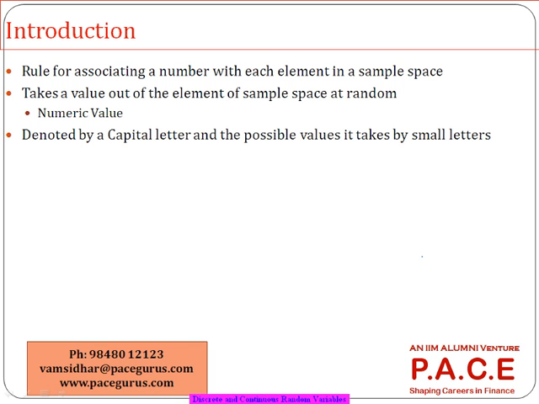But when you throw a dice, what are the possible values it can take, right? So that is what we are trying to call the random variable. Typically we denote random variables like this. We use a capital letter X or Y to denote random variables, and the possible value it takes.